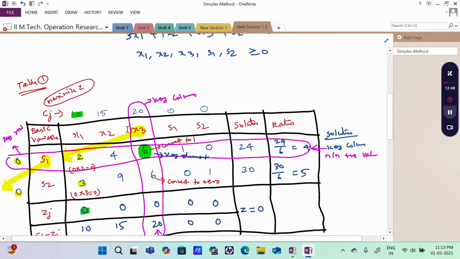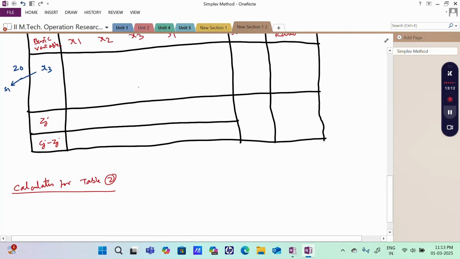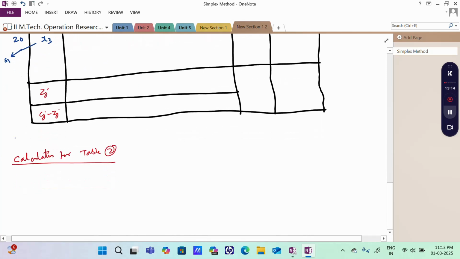S1 is replaced by x3 entering. Therefore, S1 leaving, x3 entering, with x3 value 20. This is where S1 was leaving.